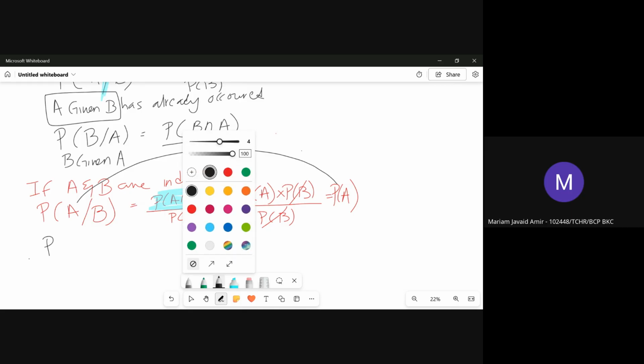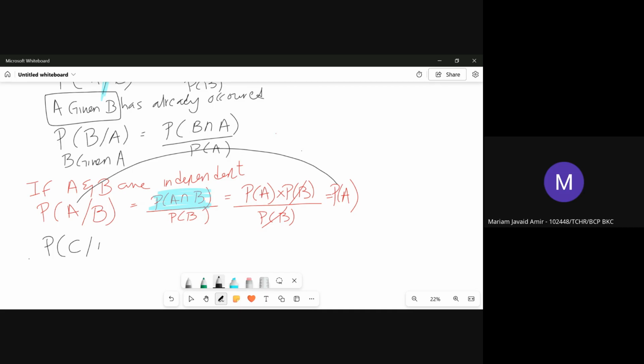Similarly, probability of C given D just becomes probability of C, only in the case of independent events.